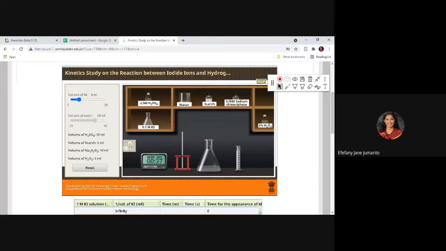The blue color should appear. So again, class, what makes it blue? What makes it blue, class? We have Angel Lumawan. What makes it blue?